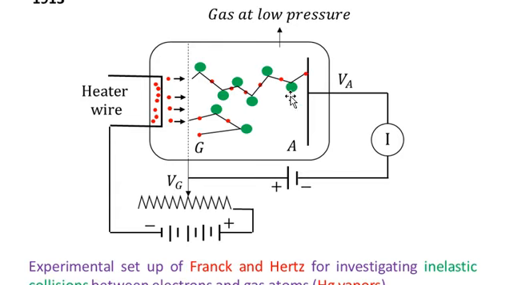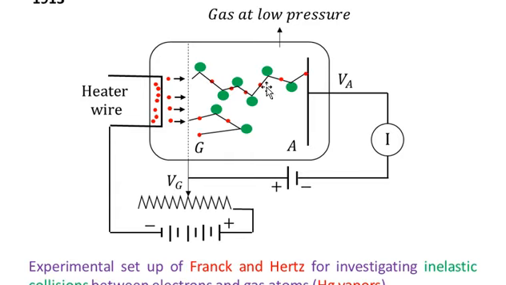In this gas chamber we again have gas at low pressure, but the grid voltage is not increased so much. We don't want to ionize the neutral atoms, but we want the electron collisions to occur with the neutral atoms.